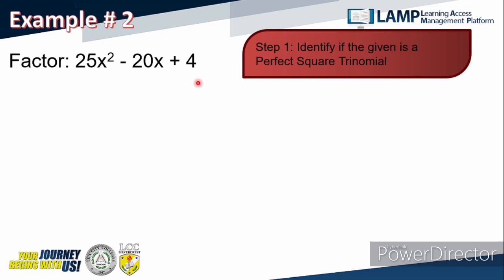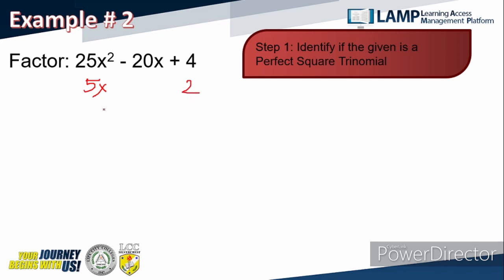Okay? So from that, what is the square root of 25x squared? The result is 5x. Then the square root of 4 is 2.